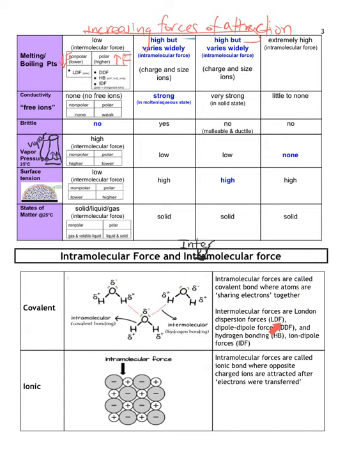Inter are London dispersion, dipole-dipole, as well as hydrogen bonding and ion-dipole forces, and they're the forces between the substances. Now, ionic has only intra, as we stated earlier, and that's the bond between the cations and the anions, the opposite charge ions here.